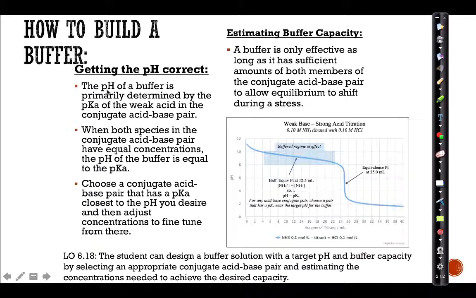So if you want a pH of 8, you're going to find something with a pKa of about 8. Then you're going to have equal concentrations of your weak acid and your conjugate base. That's basically what you need to do if you're building a buffer.